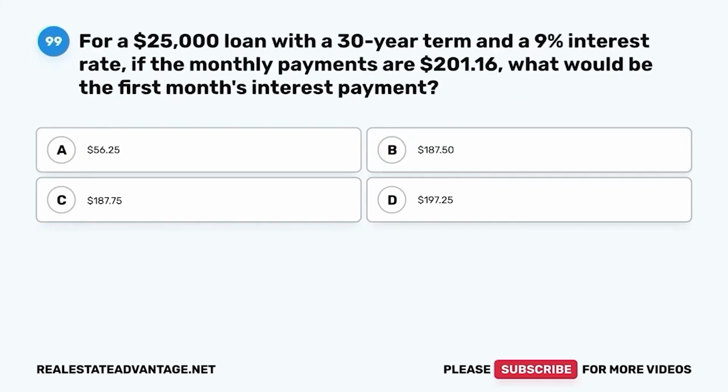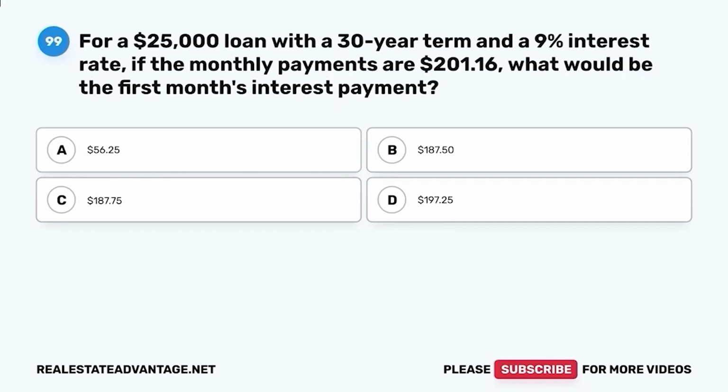Question 99. For a $25,000 loan with a 30-year term and a 9% interest rate, if the monthly payments are $201.16, what would be the first month's interest payment? A. $56.25. B. $187.50. C. $187.75.